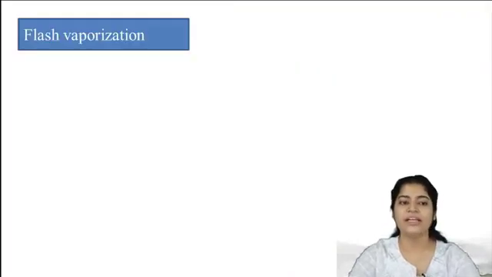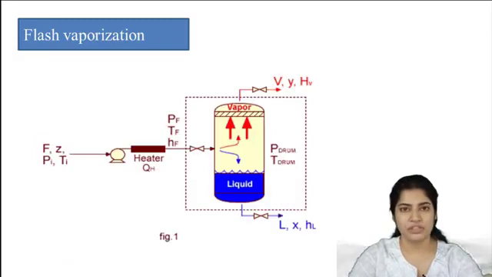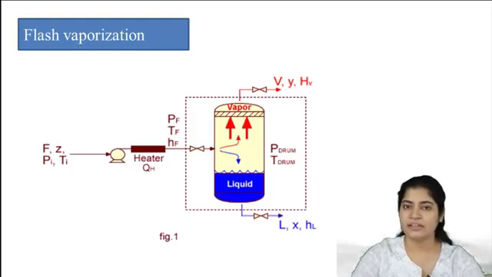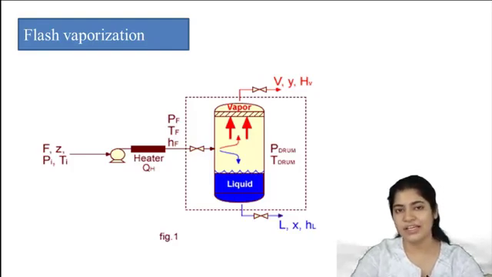Now studying in depth flash vaporization. Here is the process diagram of how the flash vaporization method takes place. First of all, you take your feed at its initial condition. The composition of the feed is Z. What is Z here? It is the mole fraction of the more volatile component at temperature T1.